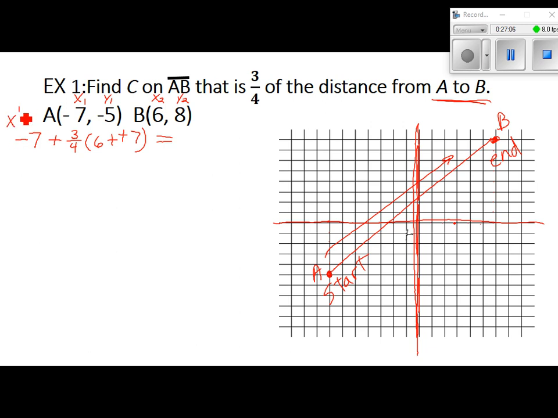This is for the X's, right? Ethan said -3, anybody else get that? What'd you get? 2.8.